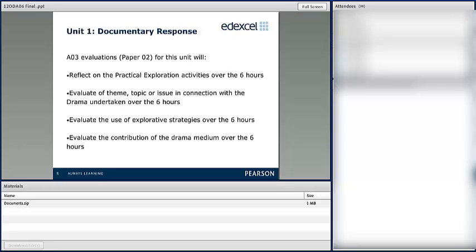All of that information will then form the basis and support for their reflection and their evaluation of the theme, topic or issue in connection with the drama undertaken over the 6 hours.